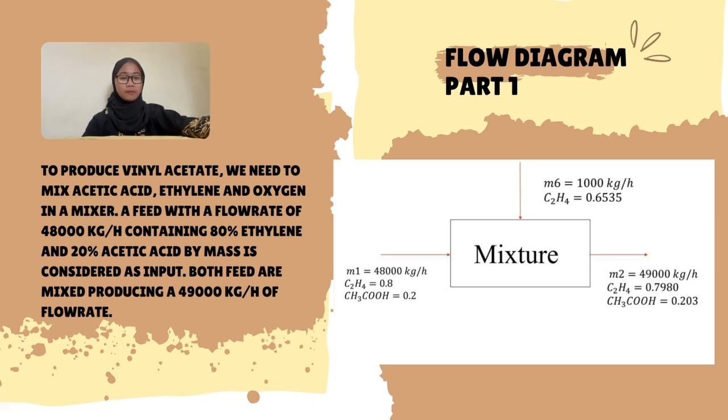Both feeds are mixed together, producing a new output stream, that is M2. After the mixing process, the output flow rate M2 is 49,000 kg per hour, with the fraction of ethylene being 0.7980 and the fraction of acetic acid being 0.203.